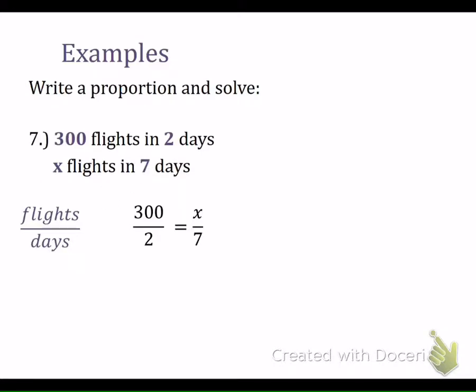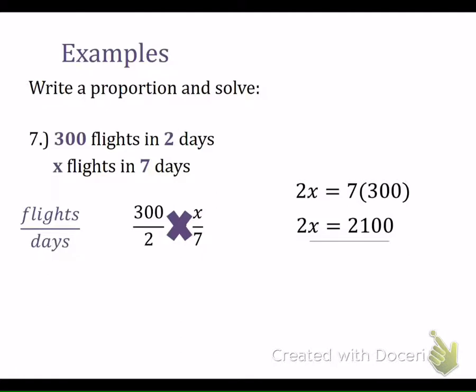This is what we did yesterday, so you might need to check that. All right, we are going to cross multiply. So 300 times 7 equals 2 times x. What do we get for the x? 2,000. No, it's 150. I mean 1050. Awesome. What are your questions?